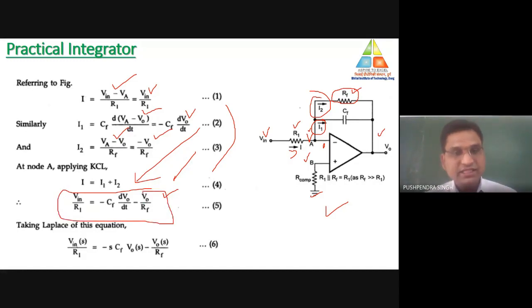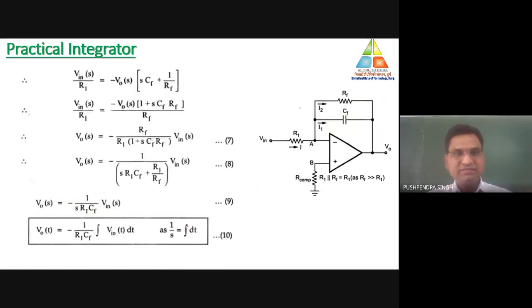Now, for analyzing this equation, take the Laplace transform of that. So Vin(S) divided by R1 is equal to the Laplace transform of differentiation, which is S, giving minus S CF V0(S), minus V0(S) divided by RF. You can simply calculate all this.